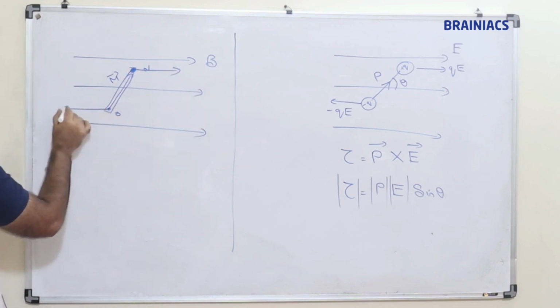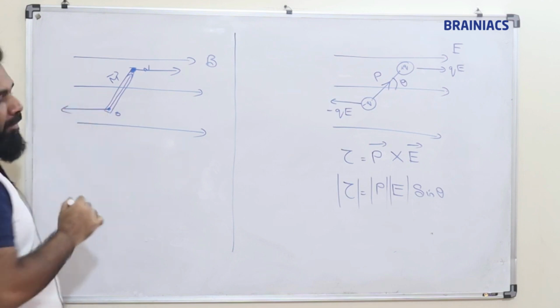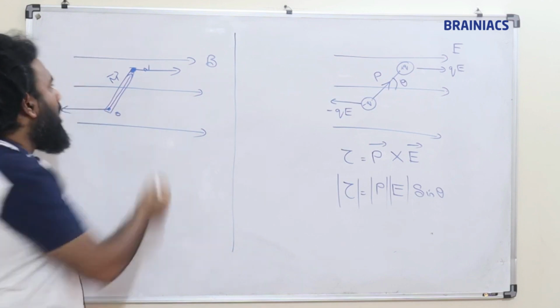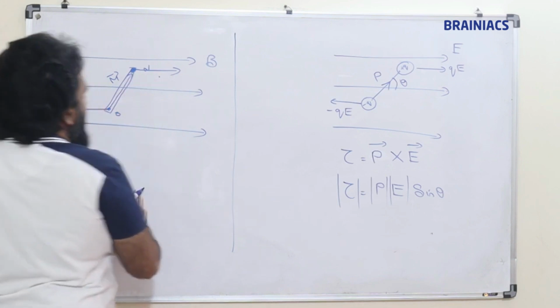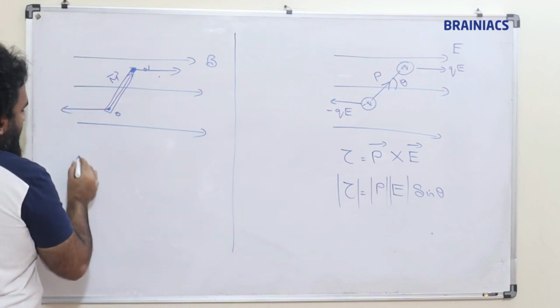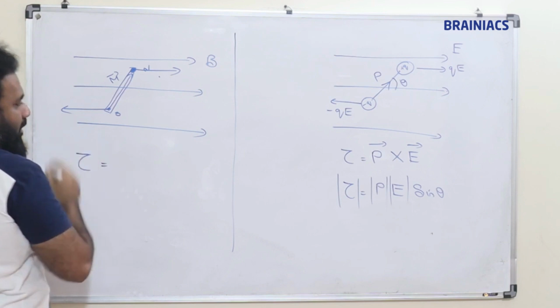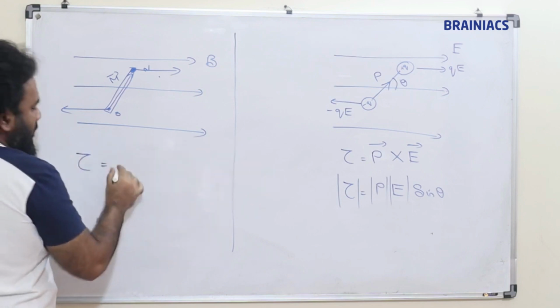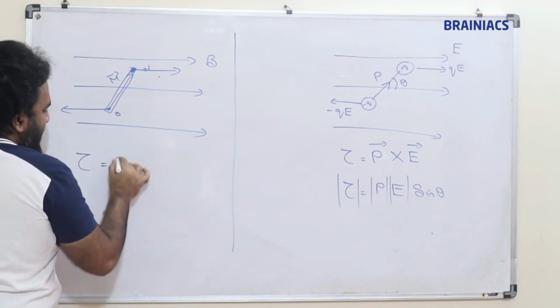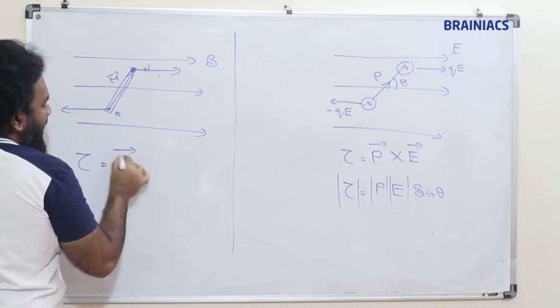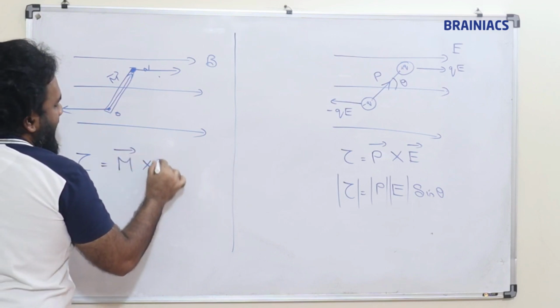This pole will experience a force in this direction, and this pole will experience a force in this direction. Again the torque is going to be exactly the same here. There it was the electric dipole moment; now we are going to have the magnetic dipole moment.